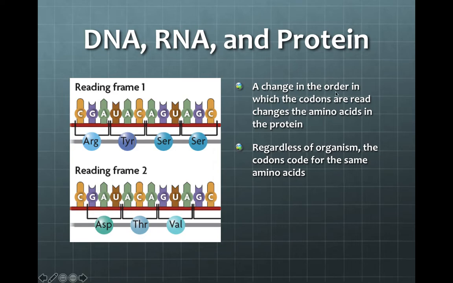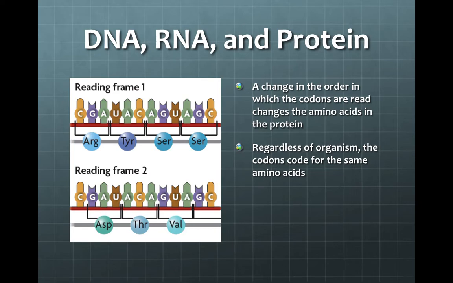Okay. The change in the order in which the codons are read changes the amino acid in the protein. So if we start at the first one, which is C, we have arginine, tyrosine, serine, and serine. Okay? But if we skip the first one, then we change our amino acids. Then we have asparagine, threonine, valine. So all they're saying is that where these start makes different amino acids, okay?